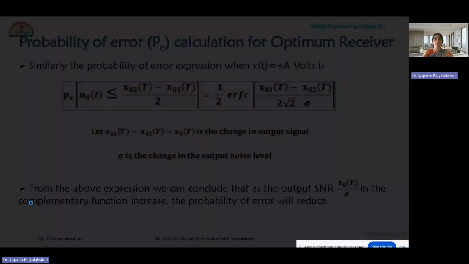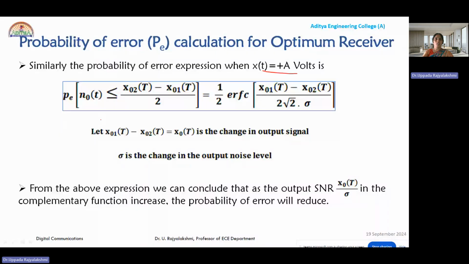Similarly, for positive magnitude of input, you have to integrate the whole area from minus infinite to this limit, that is x02 of t minus x01 of t by 2. So in that case also, you will get the probability of error expression as same as that for negative magnitude of input, that is half ERFC of x01 of t minus x02 of t by 2 root 2 sigma.